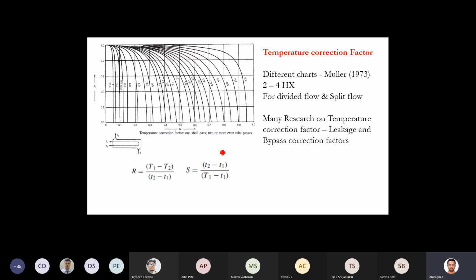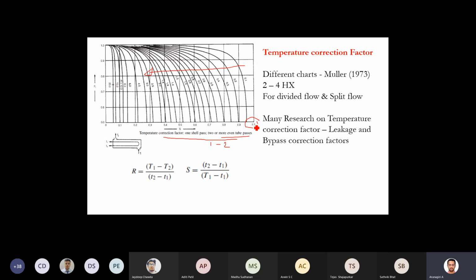This chart is for the temperature correction factor for one shell pass and two tube passes or more even tube passes. Here the x-axis is S, the y-axis is FT, and the R value is the parameter. The disadvantage of this chart is that at very high values, your R value increases like this and your S value increases. The maximum possible is 1.